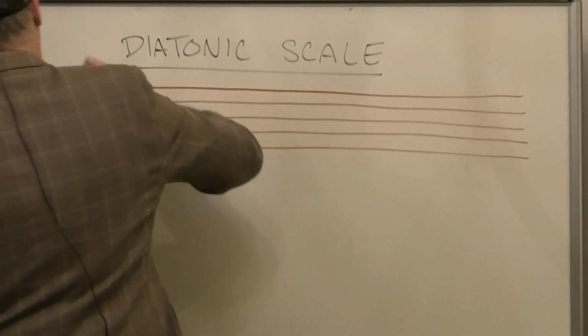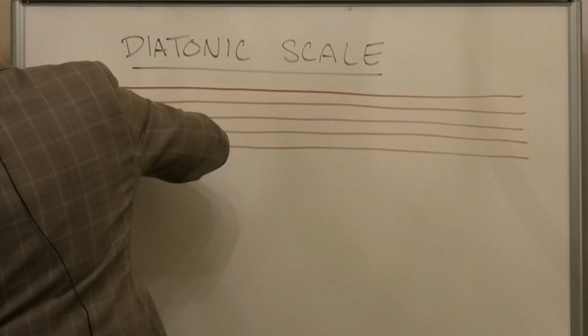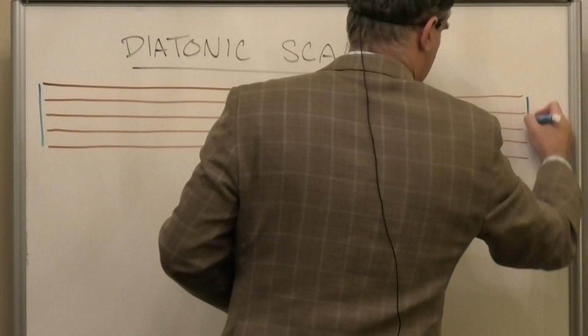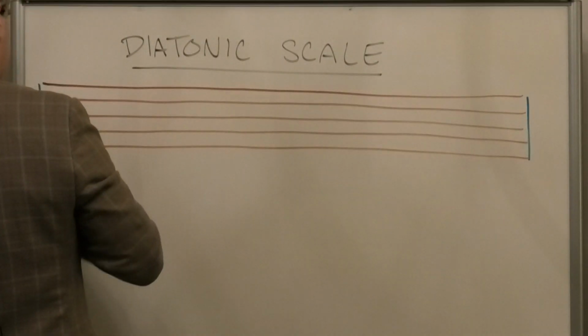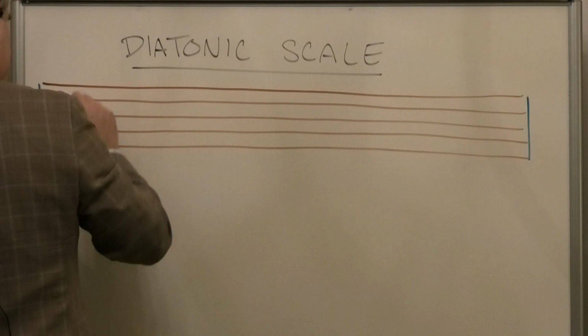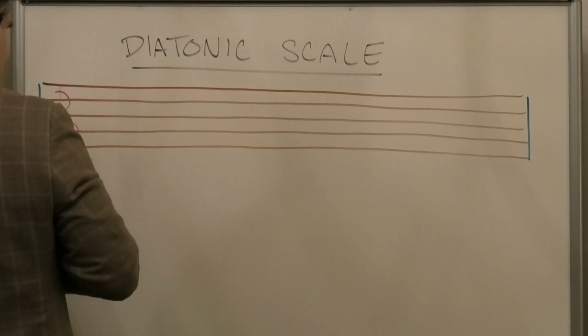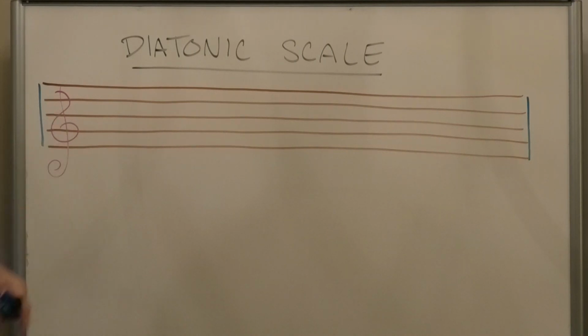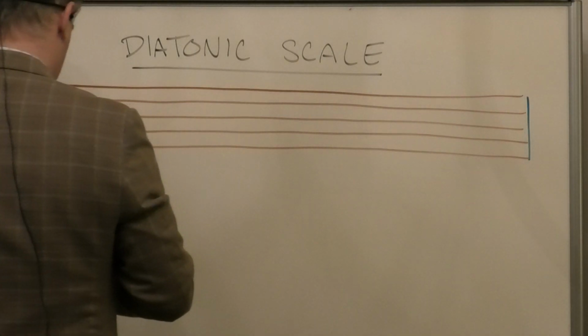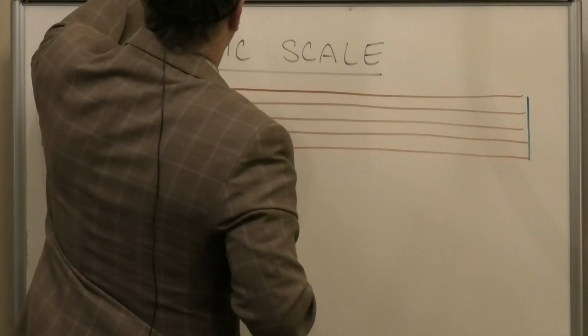I'm going to draw 2 bar lines. Don't really need them, but we'll draw them. Why not? And we're going to draw our treble clef, or we can call it a G clef. It's going to scroll around the G right there. And then we're going to draw our notes.